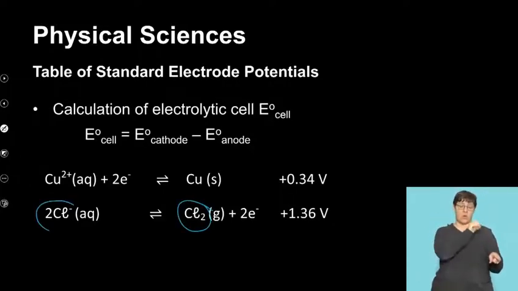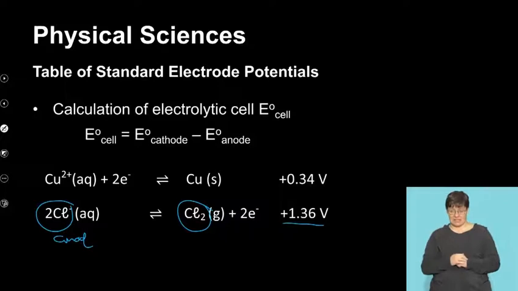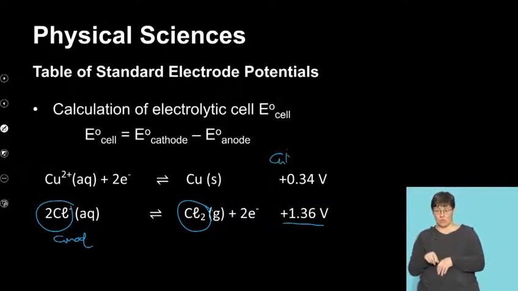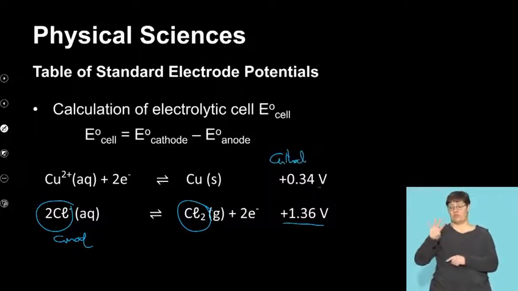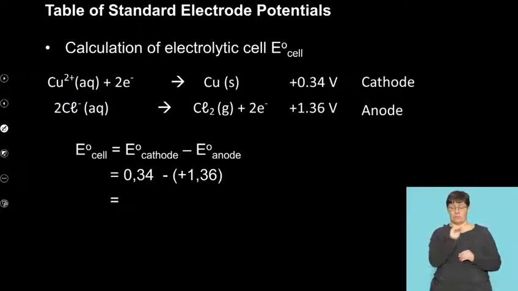The chloride ion is the thing that's reacting. That's going to be the anode. The anode value is plus 1.36, where the cathode value is this one.